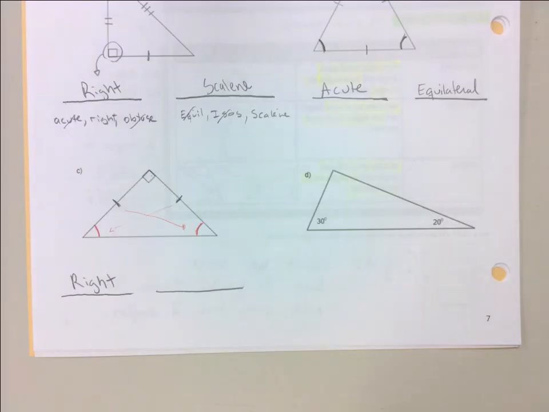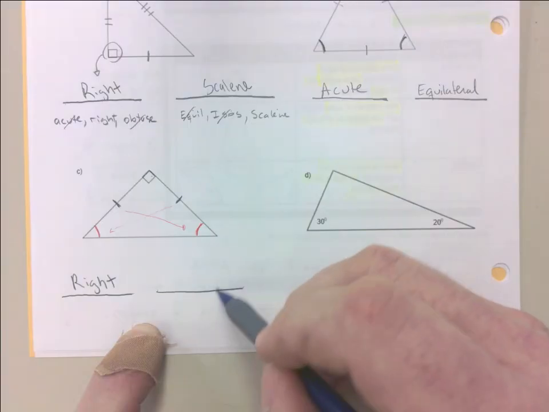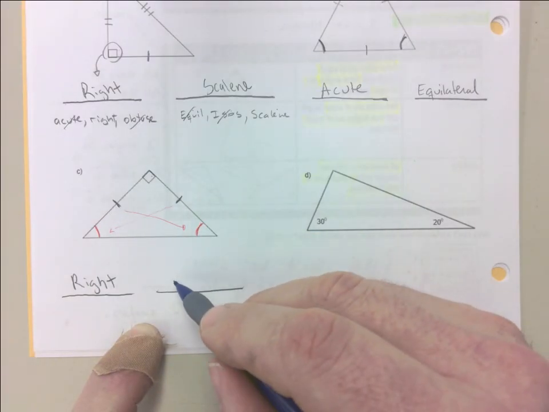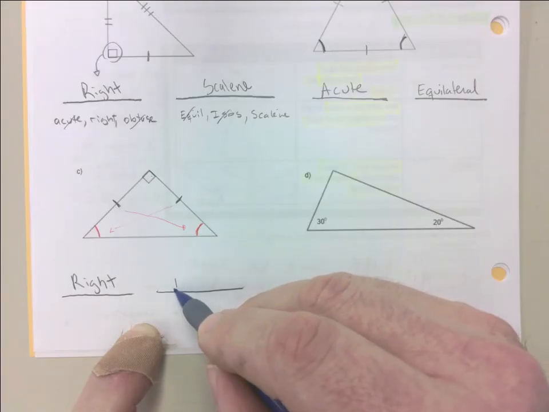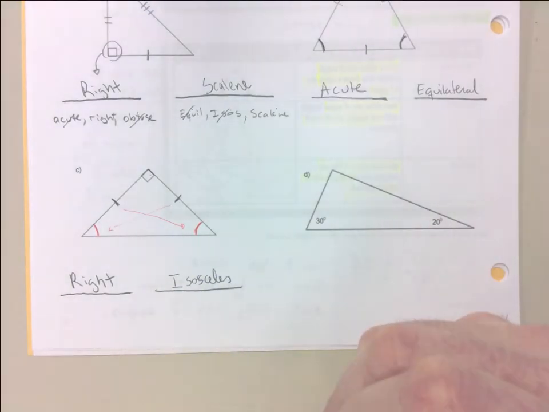It doesn't really make a big difference for us today, but it might down the road. So what kind of triangle is this in terms of side length? This would be isosceles. Isosceles triangle.